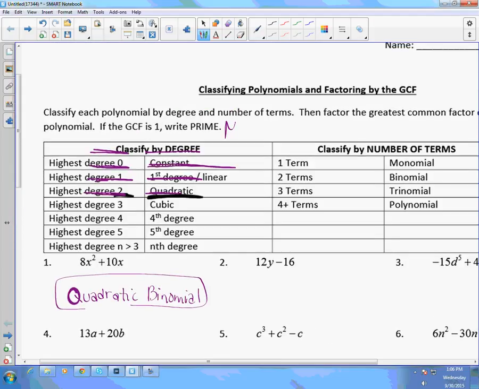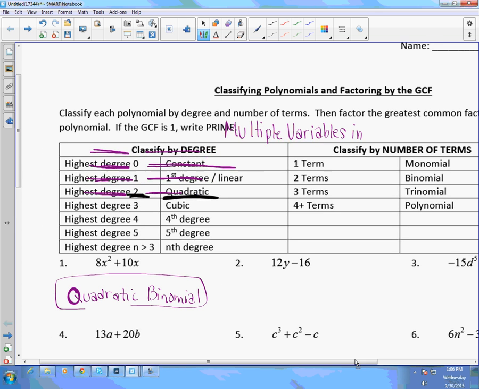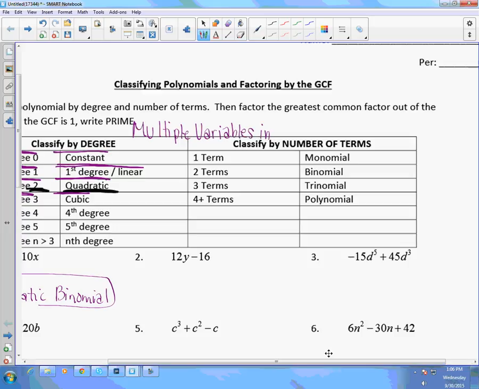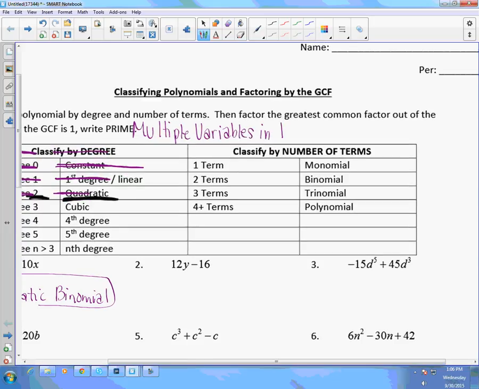When there are multiple variables in the same term, their degree is the sum of the exponents.